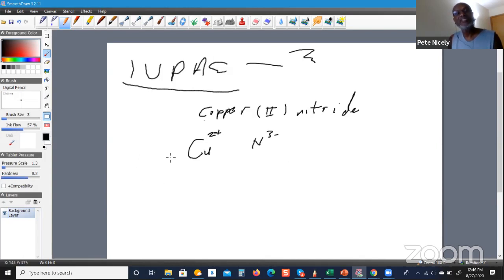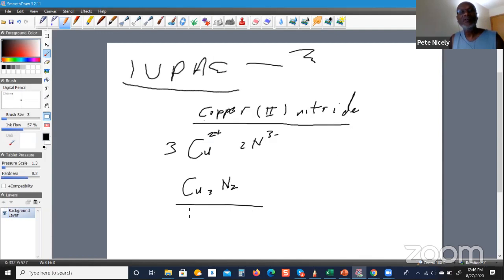So in order to get the charges canceled out, you'd have to multiply this by 3, you have to multiply this by 2, and then when you put them together, you're going to get Cu3N2, and that would be the formula for copper(II) nitride, all right? So that's basically how, if you're given the name of the compound, you get to the formula for the compound. And of course, I'm quite sure you should be able to figure out how to do the reverse.